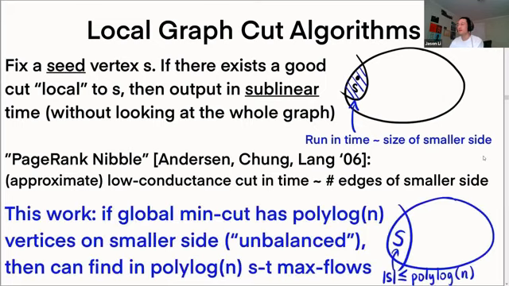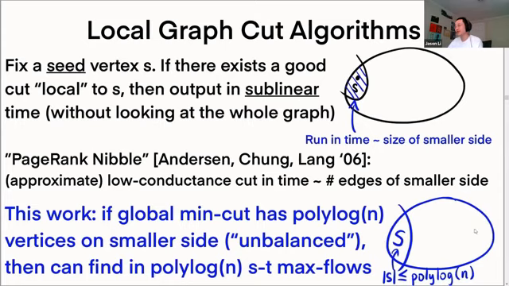In this work, how we use local algorithms is we show the following theorem. If the global min cut is very unbalanced, in the sense that it has only polylogarithmic vertices on the smaller side, then we can essentially find it in polylogarithmic ST max flows. So why is this local? Essentially, we want to find a seed vertex in S. But since S is small, we might need to guess many seed vertices in the graph.